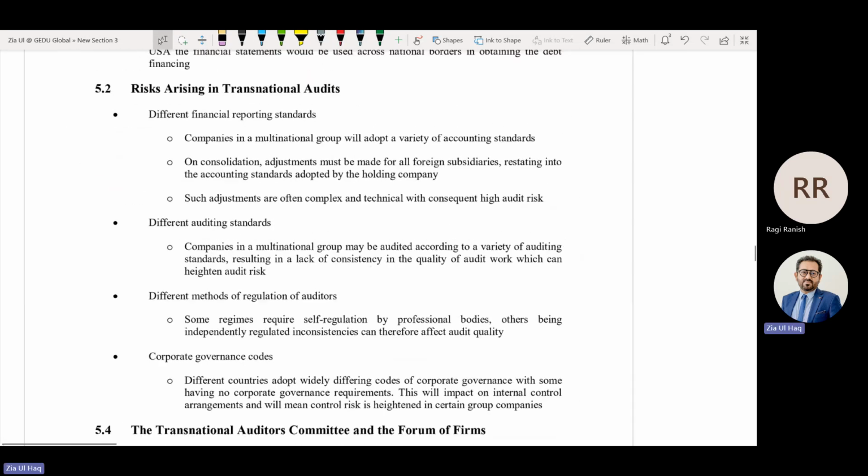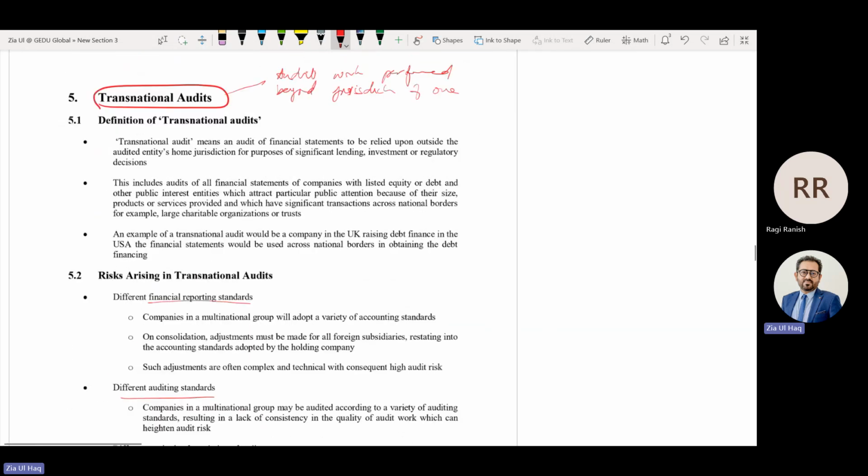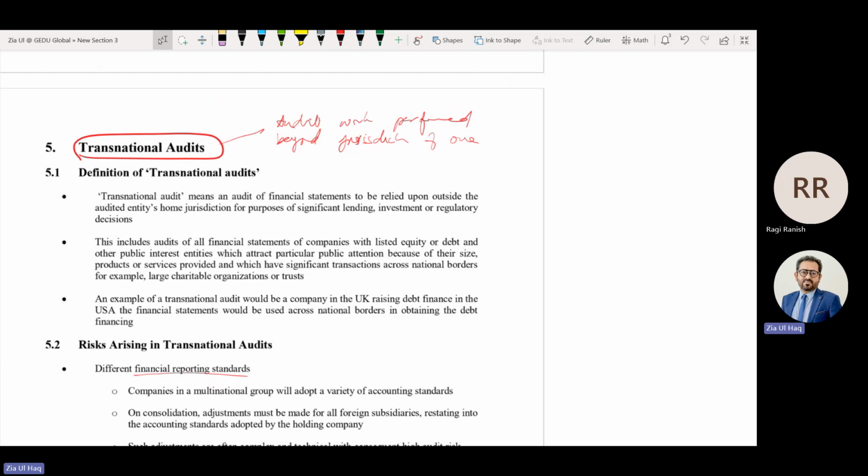What could be the issues in transnational audit? Financial reporting standards could be different. Auditing standards could be different. Regulations could be different. Corporate governance codes could be different. If we are facing any issue in transnational audit, we can get help on how to resolve it from TAC.